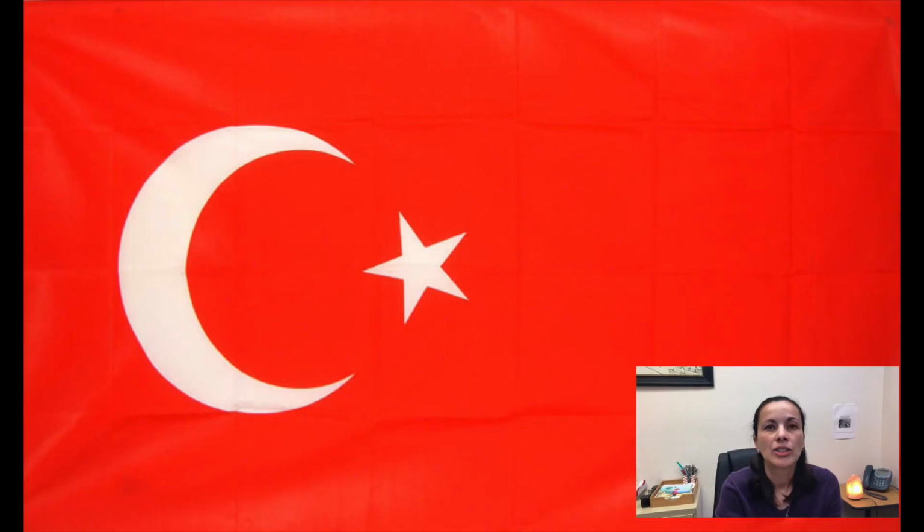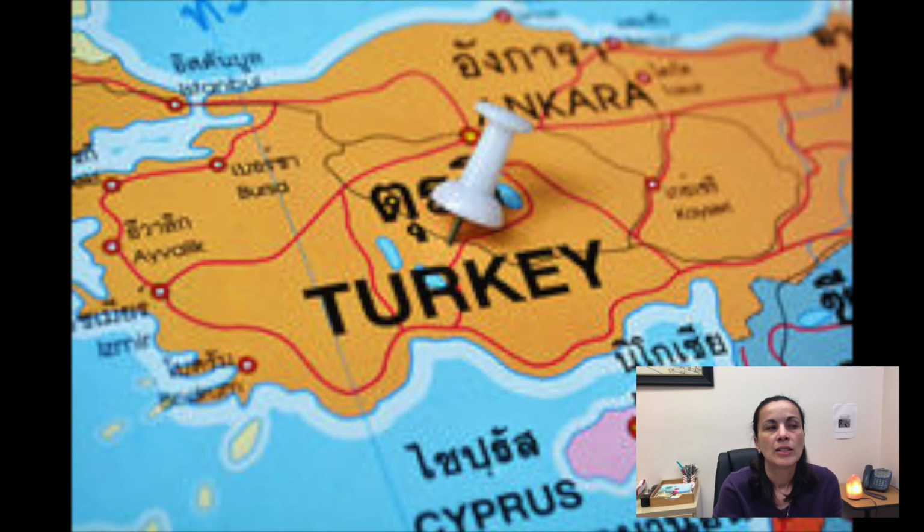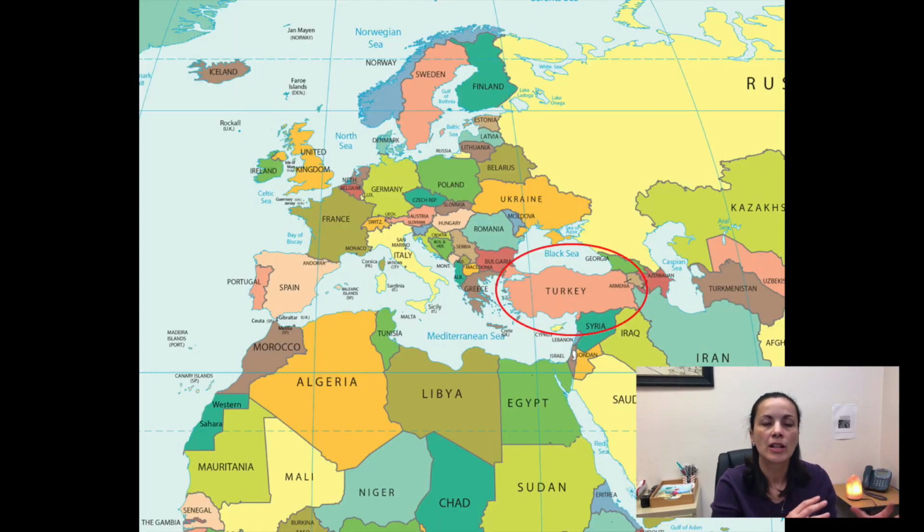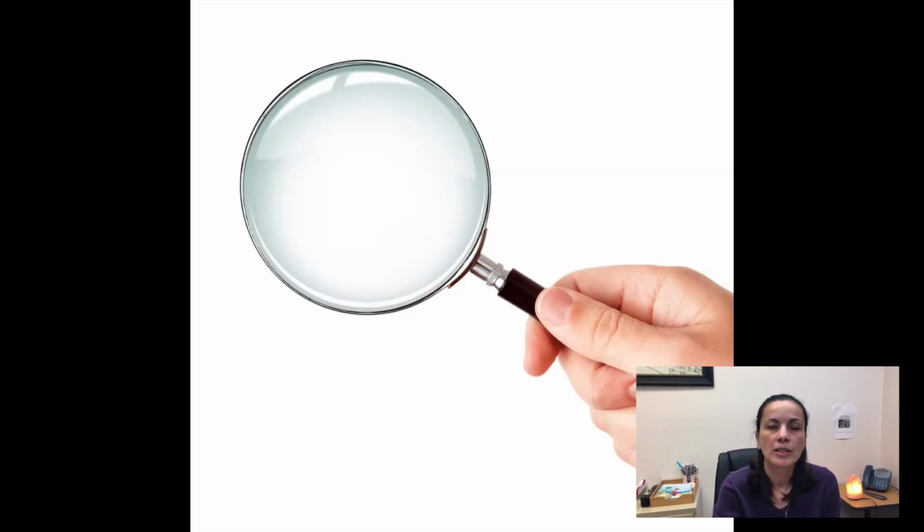Let's say, for example, that you're looking at Turkey and other countries, and you think that Turkey and some of the nearby countries are a good option for you to enter based on their population and the environment. But once you do a closer assessment of Turkey, you realize that its political instability is not going to be good for your business.